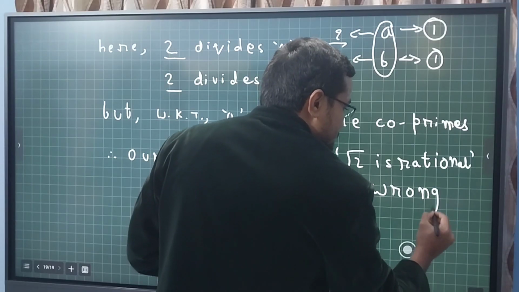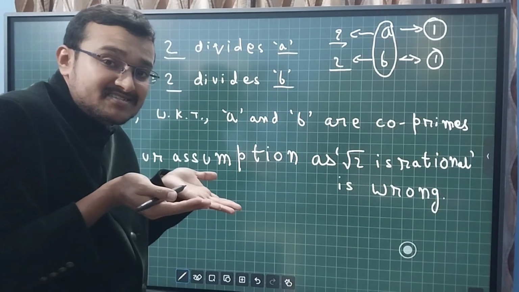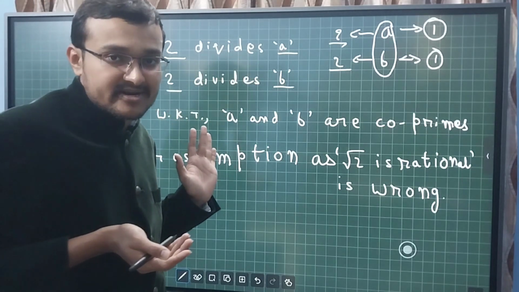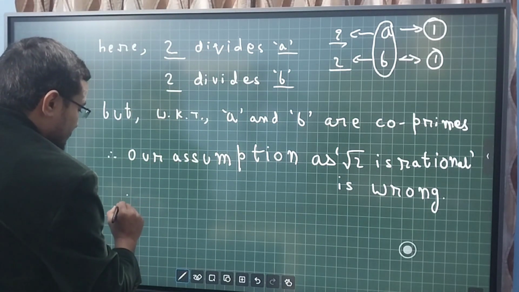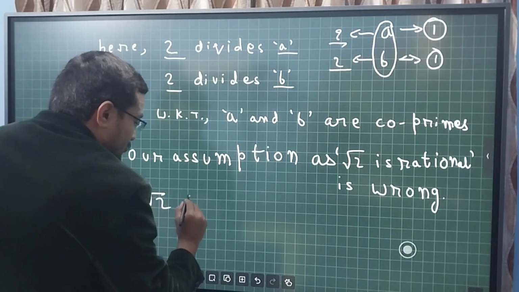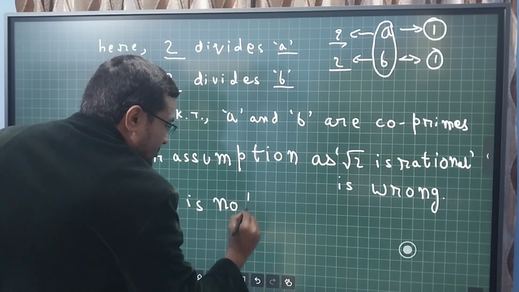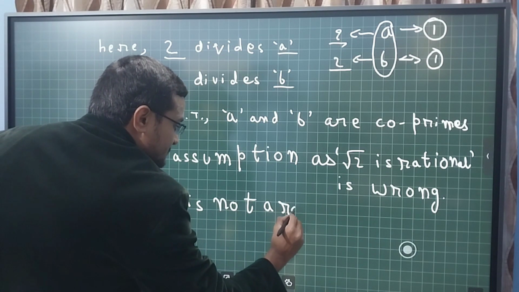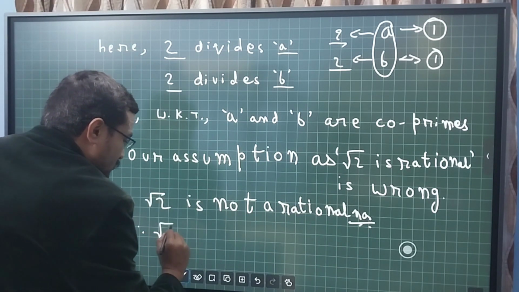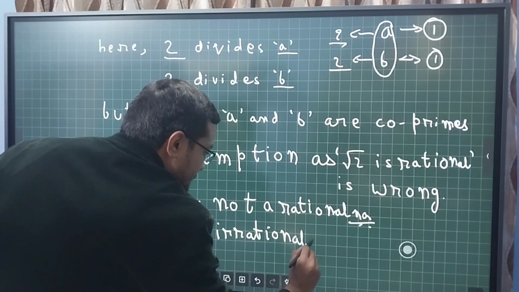The main assumption we have taken in the initial stage is itself wrong, because we are getting a contradiction. So root 2 is not a rational number. Therefore root 2 is an irrational number.